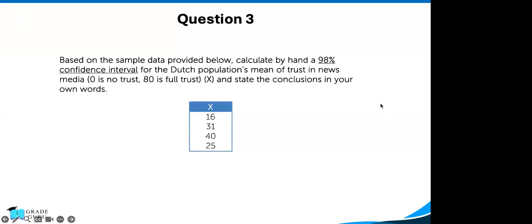Okay, guys, I see a few of you are done. I'm going to move on to the next question. And then I think after we do question 4, I want to go through the solutions for question 3 and question 4.